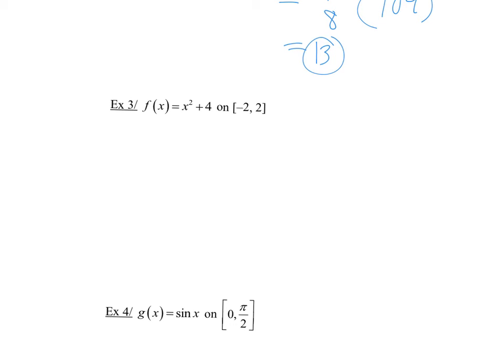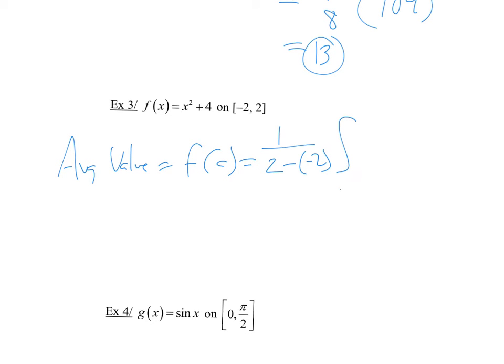All right, so the average value is going to equal f of c, which is 1 over 2 minus negative 2 times the integral from negative 2 to 2 of x squared plus 4 dx. Well, 1 over 2 minus negative 2, that's like saying 1 over 2 plus 2, or 1/4.